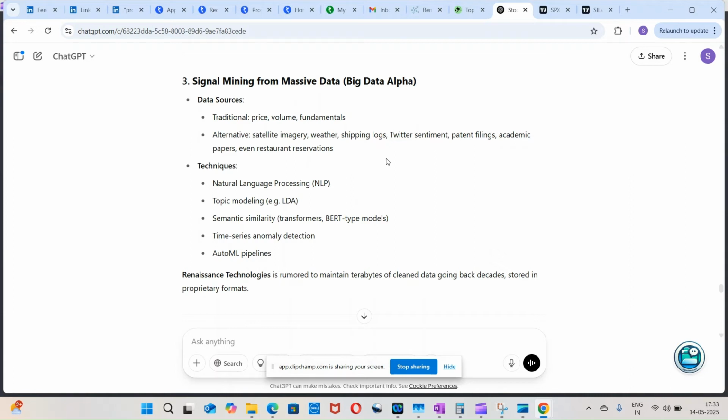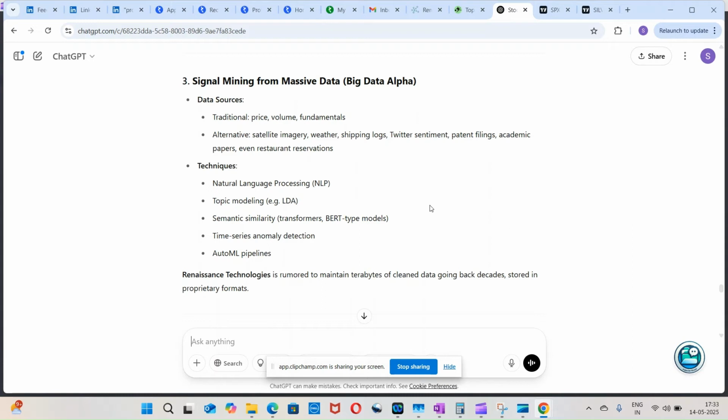All this data is collected, and then the techniques of natural language processing, time series anomaly detection, semantic similarity, and topic modeling in auto ML pipelines are used to generate signals, basically. So, trading signals by mining this massive data.